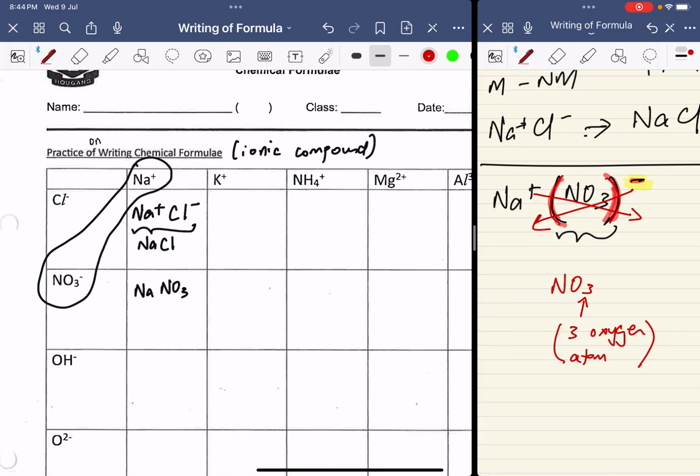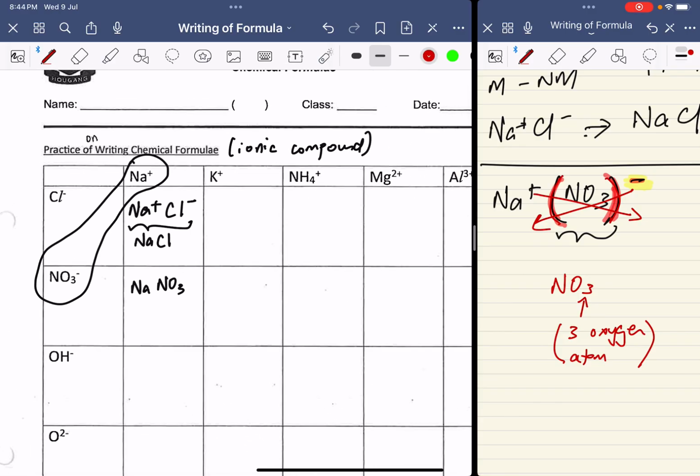I'm going to give you a second set of formulas to make it even more complicated. You notice that I have NH4 plus followed by NO3 minus. When I put them side by side, remember the charge.